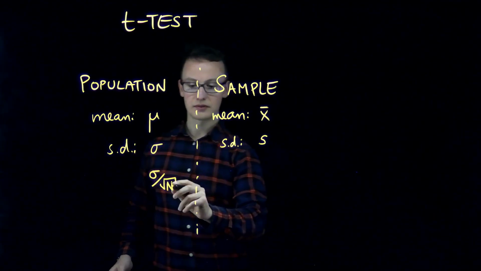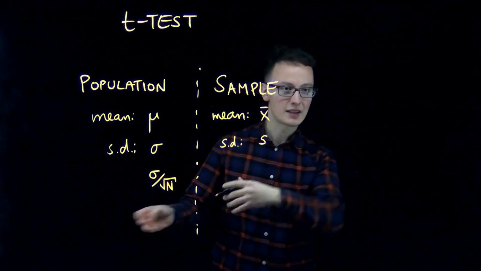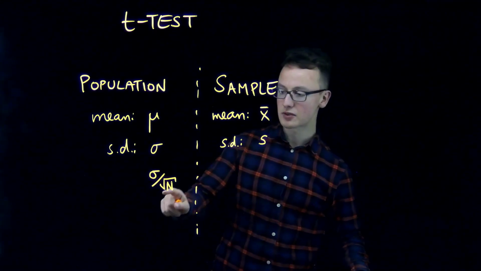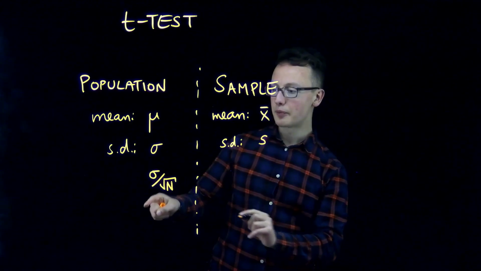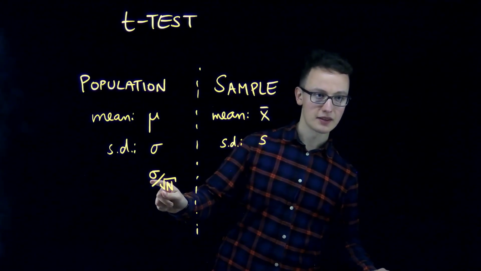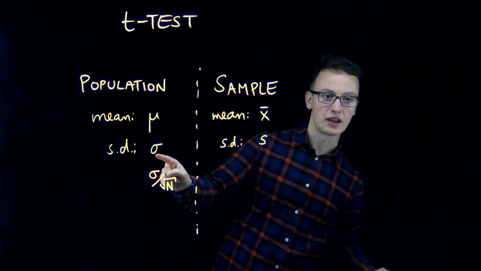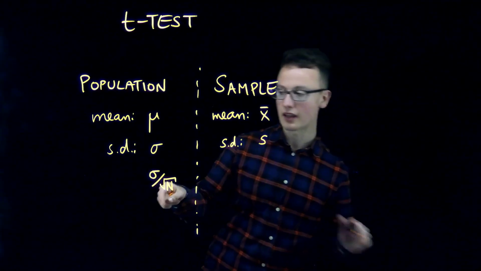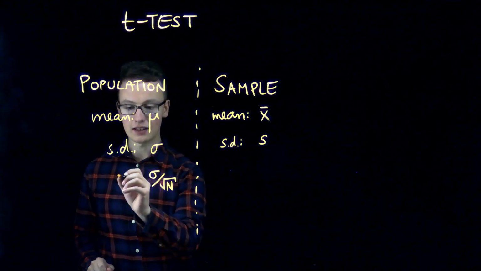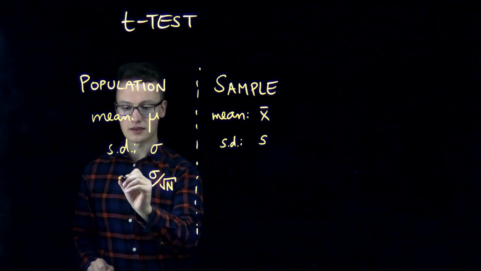So it assumes some particular sample size and then it can give you the sampling distribution of the mean. But the crucial detail is that this standard error is computed based on the population standard deviation, sigma, which we assume to be known.